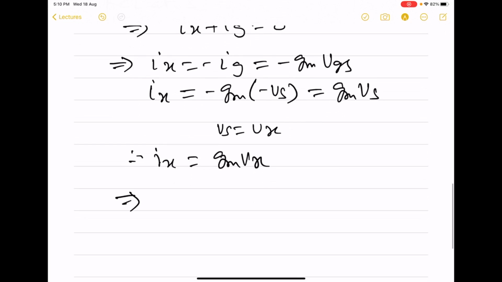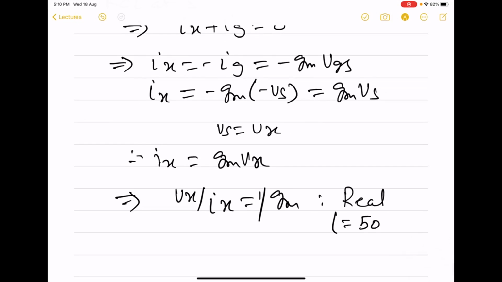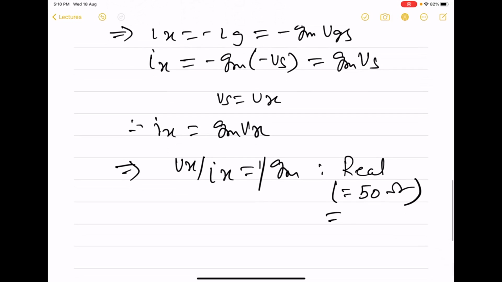This implies Vx by Ix is equal to 1 by gm. And this is certainly real, and it can be made equal to 50 ohm, or equal to Rs. So Zin is 1 by gm, and this can be made equal to Rs.